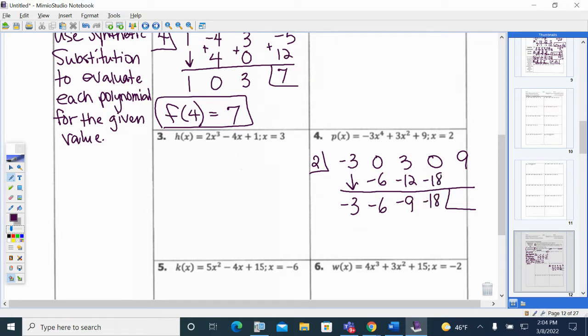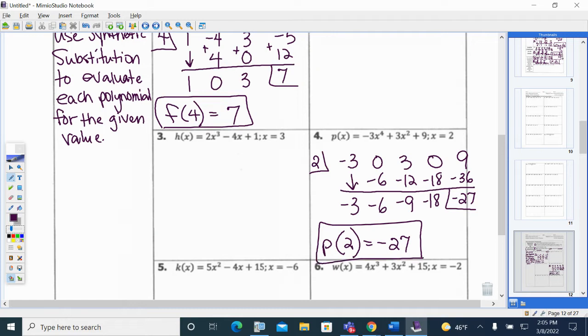And then 2 times negative 18 is negative 36. And then 9 plus negative 36 is going to be a negative 27. So P of 2 is equal to negative 27.